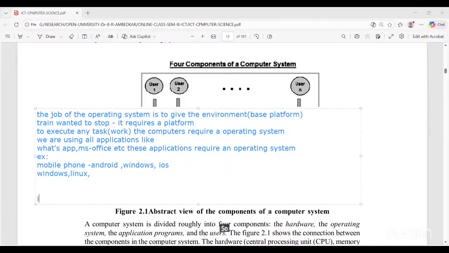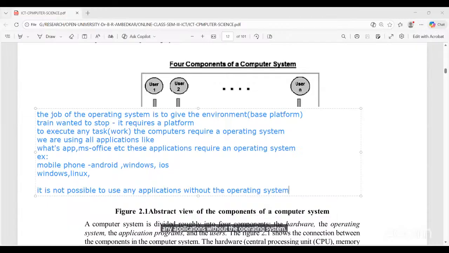It is not possible to execute or use any applications without the operating system software. So this is the final statement: if you want to use any application, it is compulsory to have an operating system in your device.